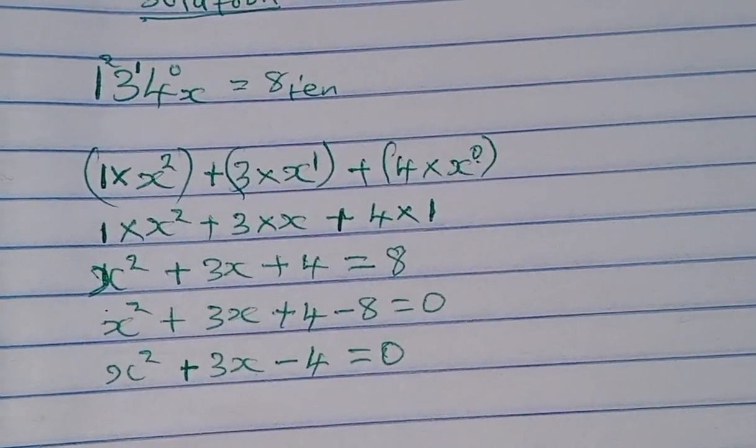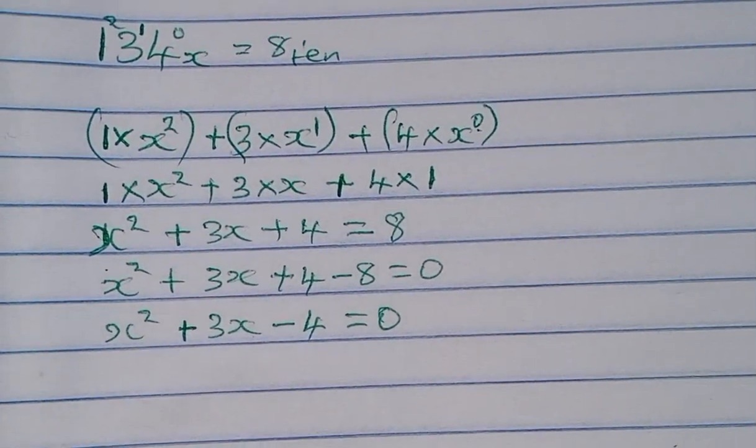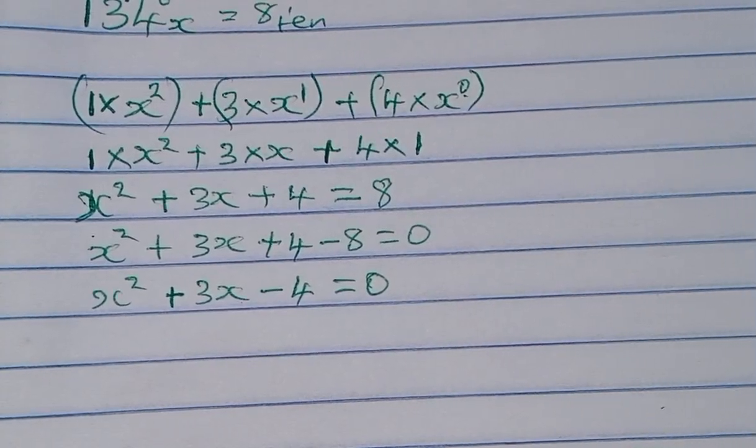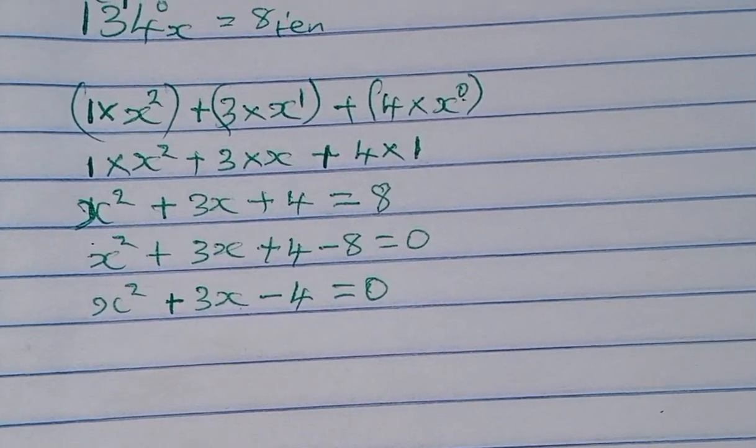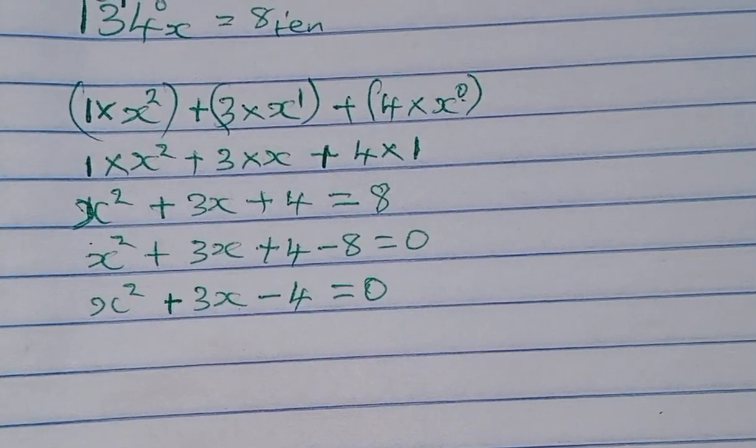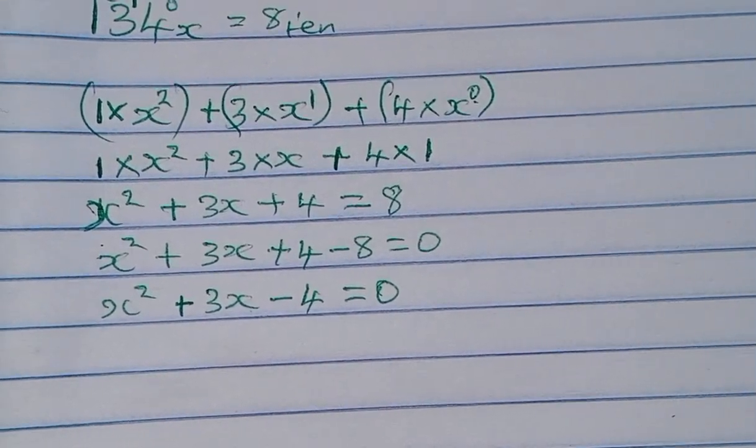So at this point, we can use many methods to solve it. We can use completing the square method. We can use factorization method. Okay, let me use the formula.